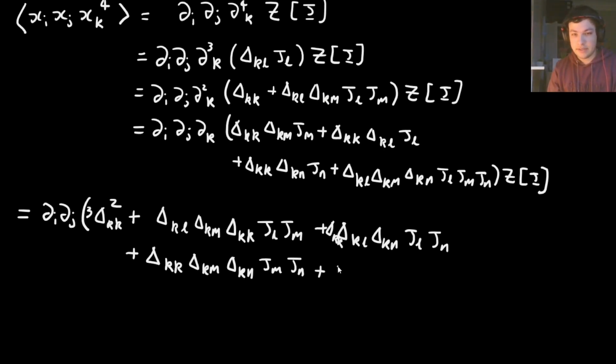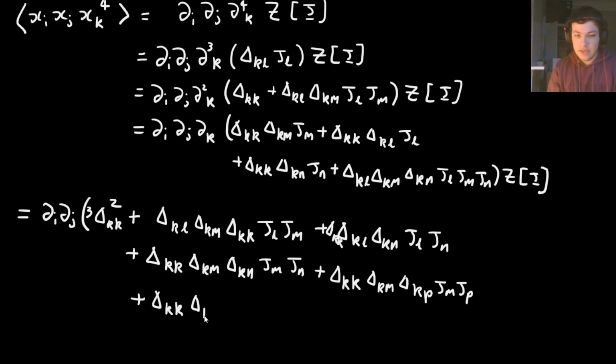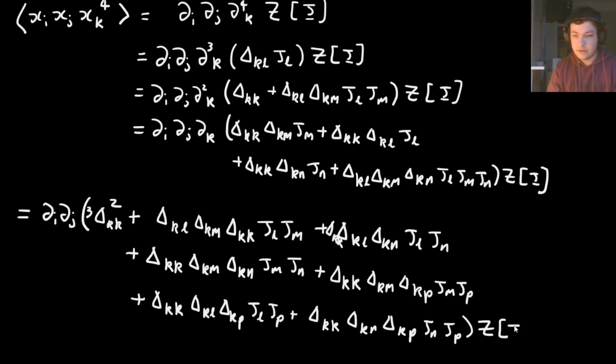So we're going to get delta_kk, delta_km, delta_kp, J_m J_p, delta_kk, delta_kl, delta_kp, J_l J_p, plus the last one now, delta_kk, delta_kn, delta_kp, J_n J_p, Z(J).